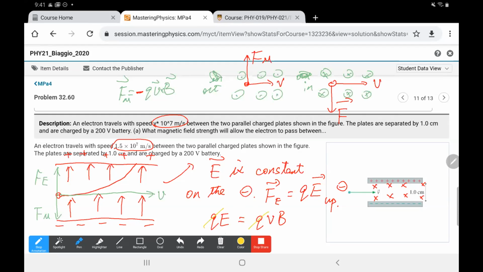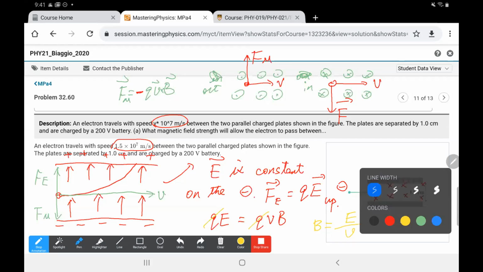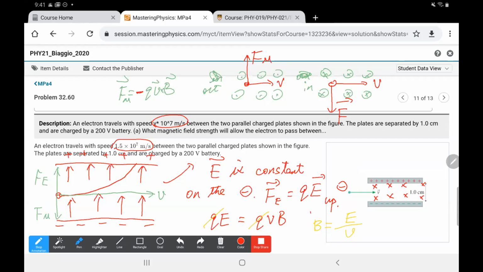This is independent of the charge. So the magnetic field is going to equal the electric field over the speed of the charge. Okay, so this is the solution. B equals E over v.